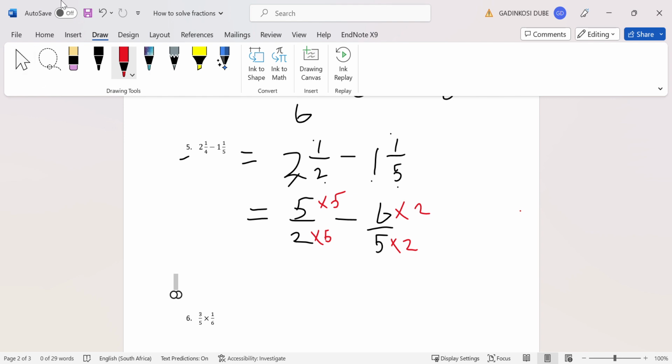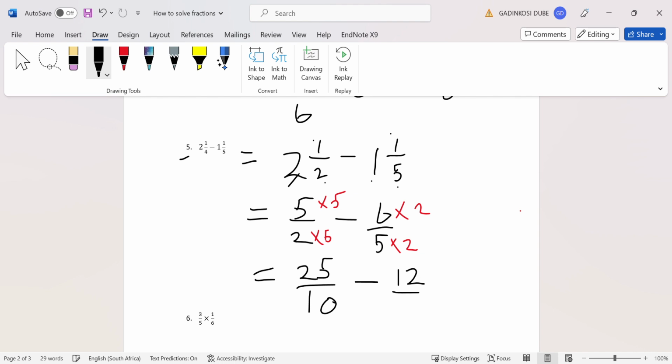So now once you've done that, eventually this becomes 5 times 5, 25. Okay, it's going to be 25 all over 10. Subtract 12 all over 10.